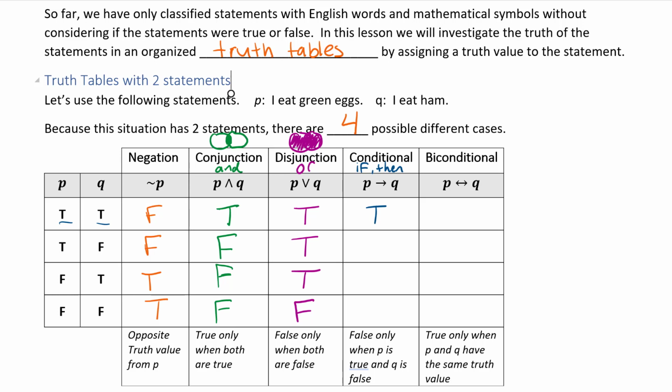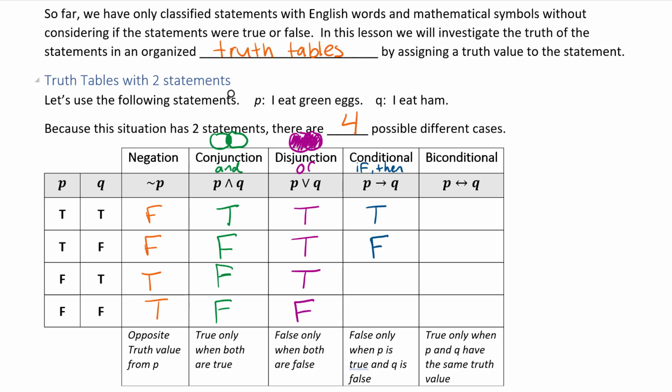What about if true, then false? If the antecedent is true, so let's say I do eat green eggs, then I eat ham, but I don't actually eat the ham, then I've actually falsified that statement. So if true, then false, that's not okay.